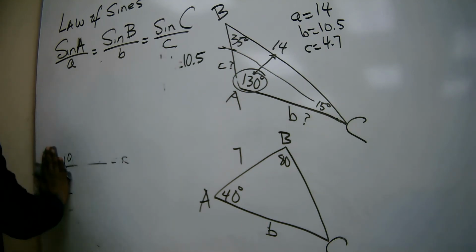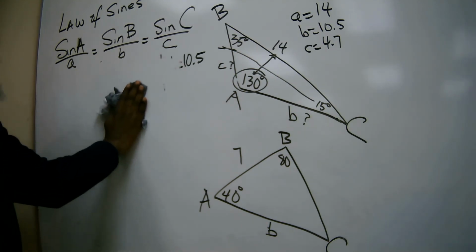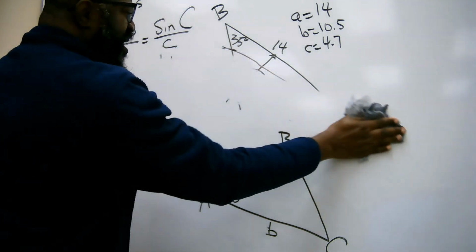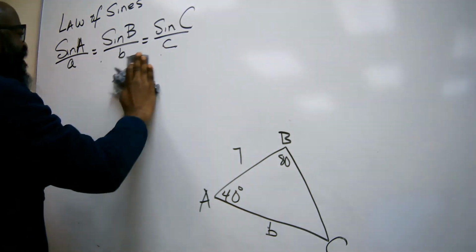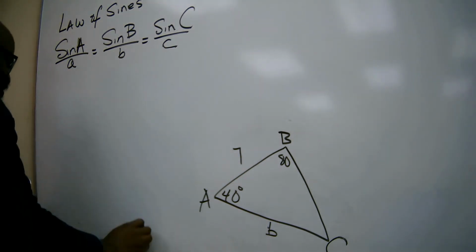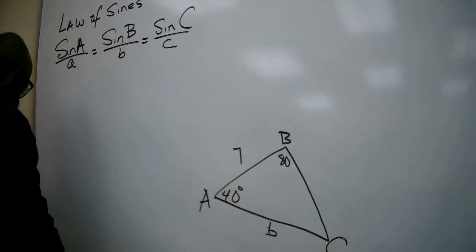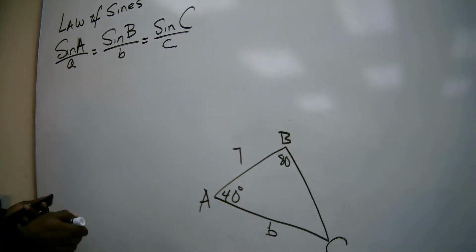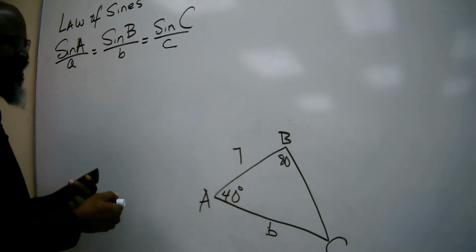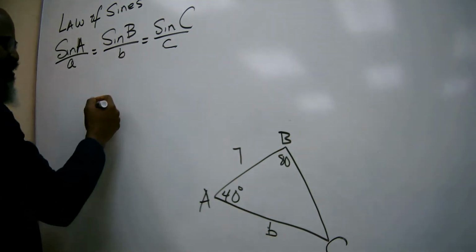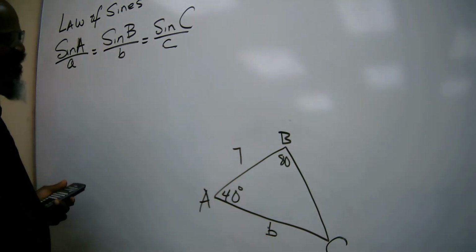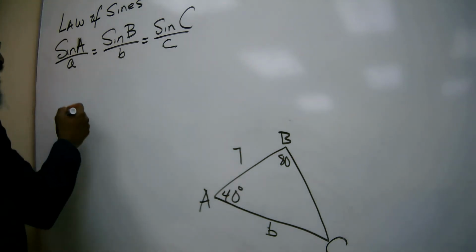Law of sine is used for any type of triangle, but mainly it is used for oblique triangles that are not right. In this situation with missing angle C, we're going to find the missing angle. In any triangle, if you know two angles, you can always find the third angle.